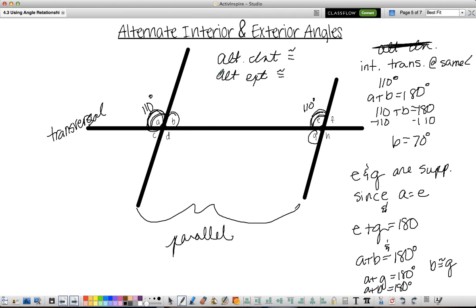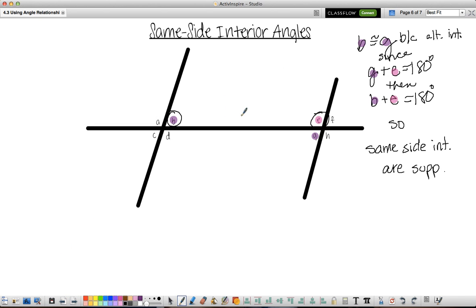Alternate interior and alternate exterior angles are congruent. Make sure you understand that the alternate interior angles are congruent to each other and the alternate exterior angles are congruent to each other. It's not that B and G are equal to F and C. They're their own separate things, but their proofs work out pretty much the same. And same side interior angles are supplementary.